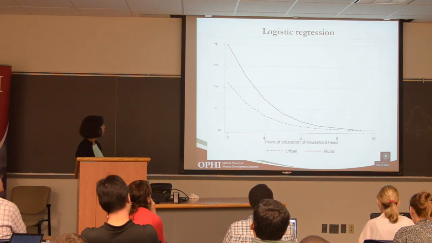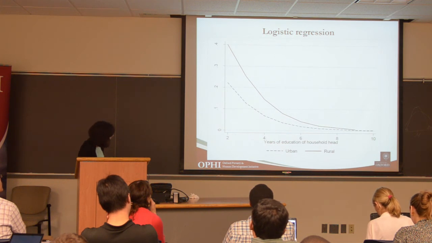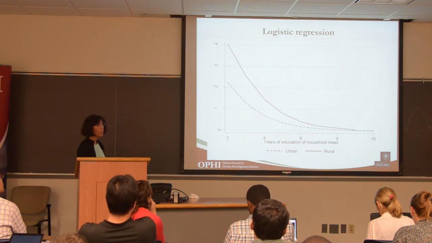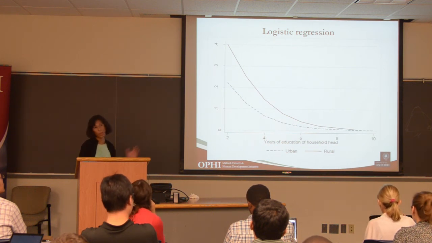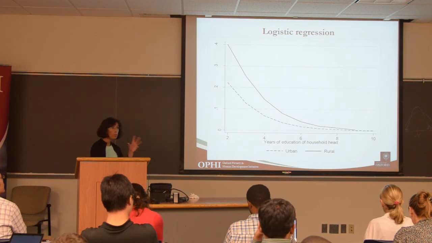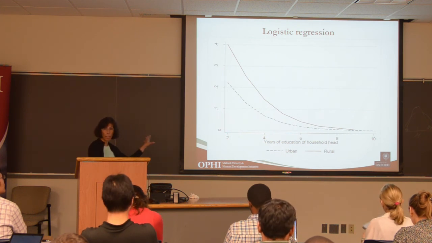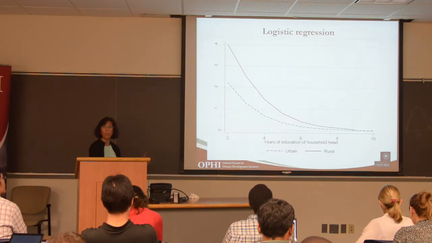As we would expect, the probability of being multidimensionally poor in the rural areas is higher, right? But it decreases with the years of education of the household head. The same happens for the urban area, but I would say at a faster rate for the rural area at the beginning, and then both converge. Interesting to get, even from a non-policy point of view, I think from an academic point of view, it is useful.